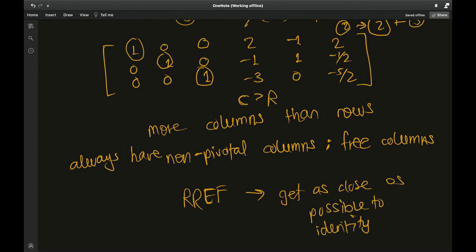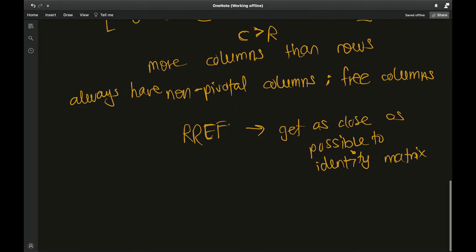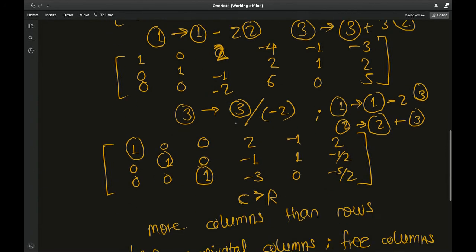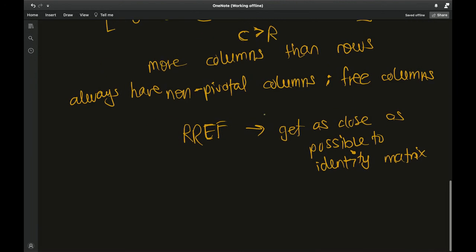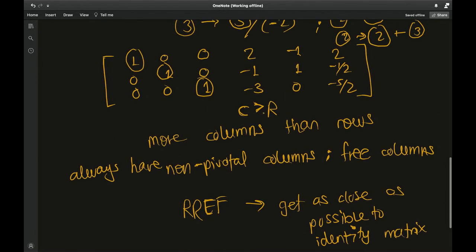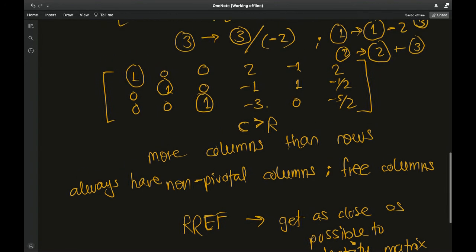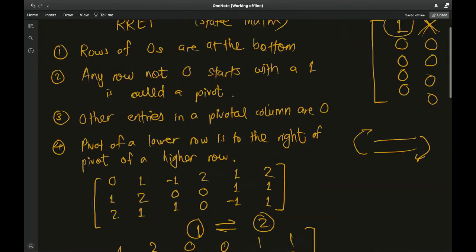Now the identity matrix is a square matrix where the rows are equal to columns, but in these special cases when columns are greater than rows or rows are greater than columns, this is the closest you can get to an identity. You just can't help that these other columns won't have pivots in them. And we talked about columns greater than rows here. In the next example, I'm going to do a rows greater than columns case.